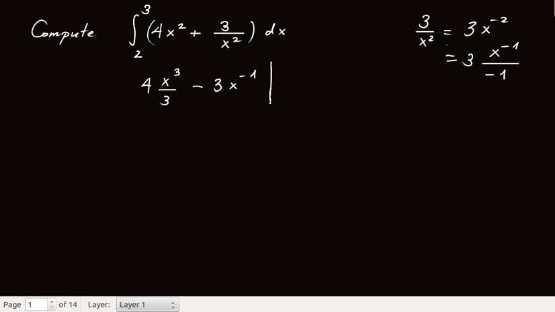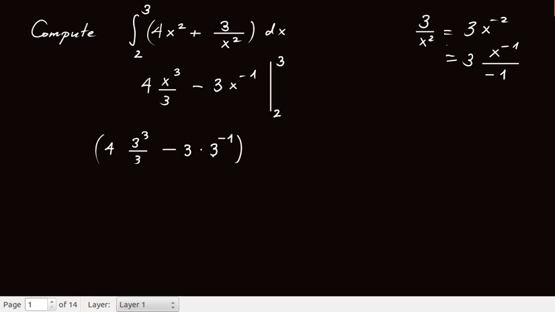And then I write this bar, and the bar reminds me that, since this is a definite integral, I have to put in the two endpoints into this function and subtract. So I'm going to put in the 3 first, top first, so I get 4 times 3 cubed over 3, minus 3 times 3 to the minus 1, or 1/3.